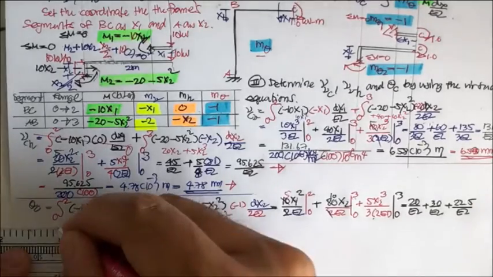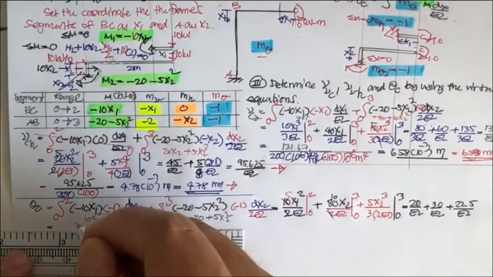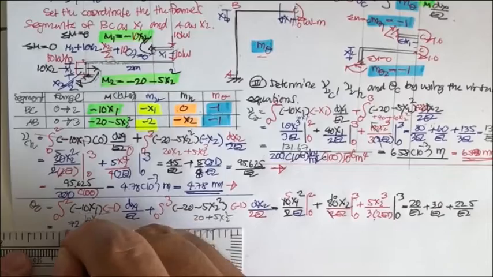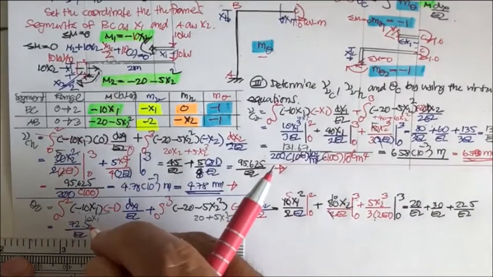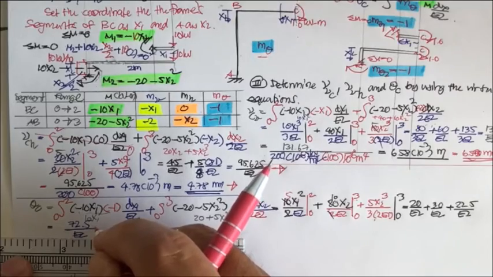So this one is going to be equal to 72.5 divided by EI, and have the rotation in this direction.